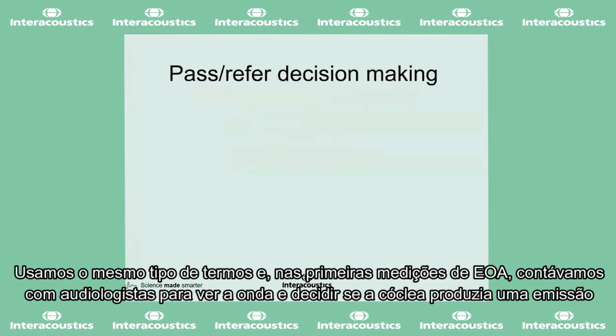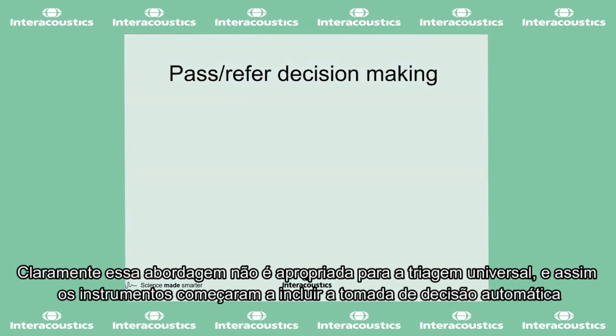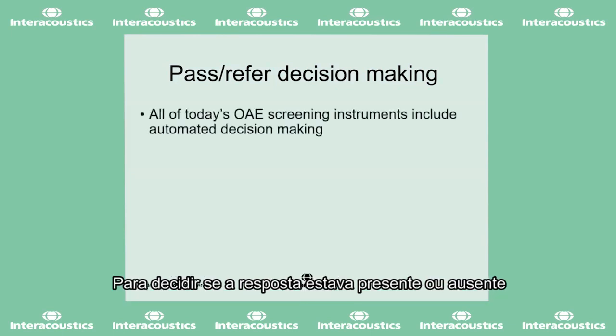And in the early days of otoacoustic emission measurements, we relied on individual audiologists to look at the response waveform and decide whether the cochlea had produced an emission or not. Now, clearly, this approach is not appropriate for universal screening, and so instruments began to include automatic decision-making to decide whether the response was present or absent.